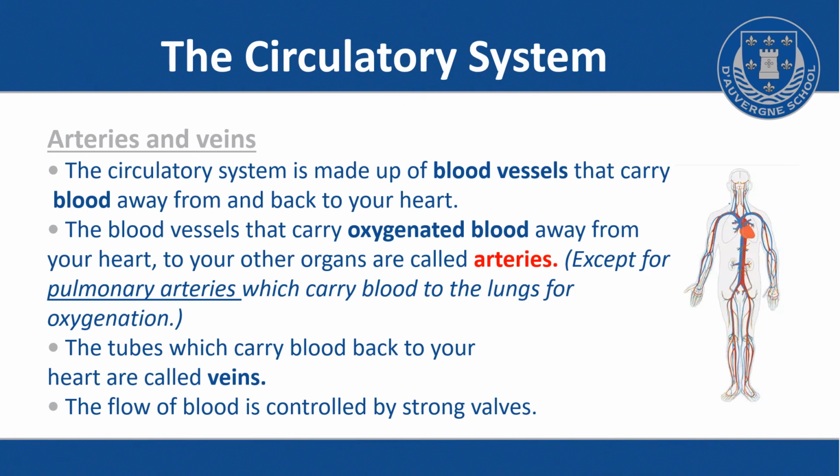Okay, so looking at arteries and veins. The circulatory system is made up of blood vessels that carry blood away from and back to your heart. The blood vessels that carry oxygenated blood away from your heart to your other organs are called arteries. So that's quite useful: away and arteries start with A to help you remember that.